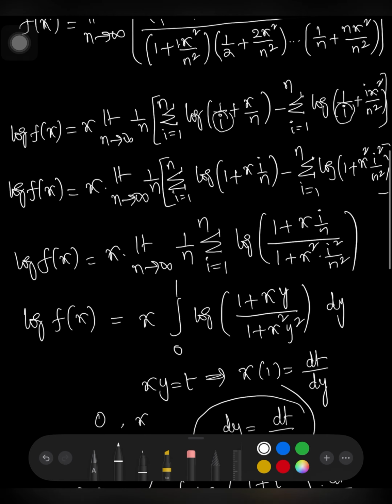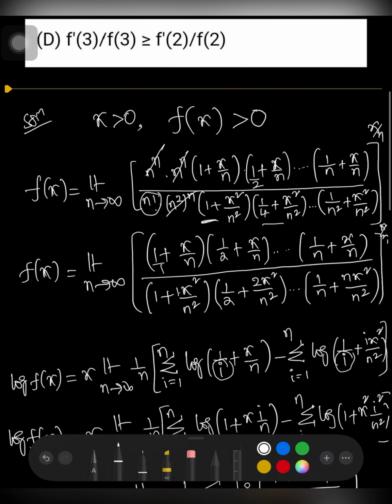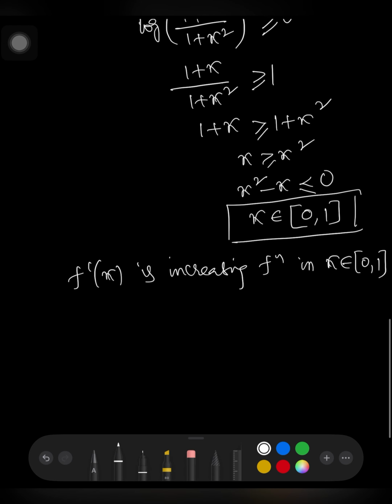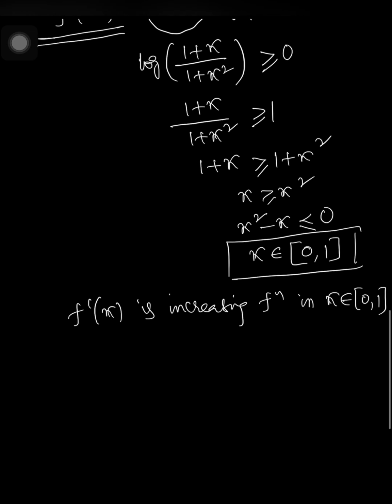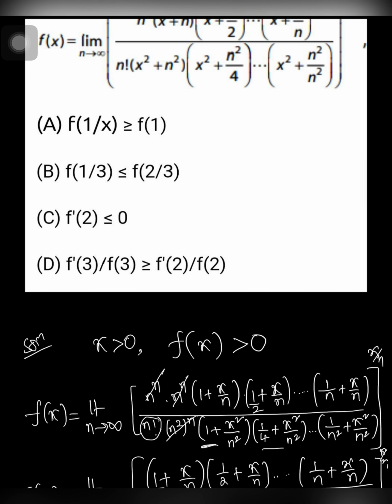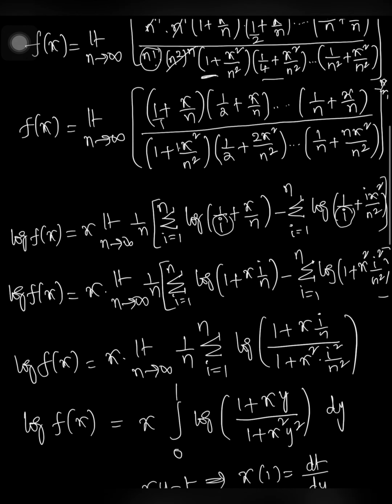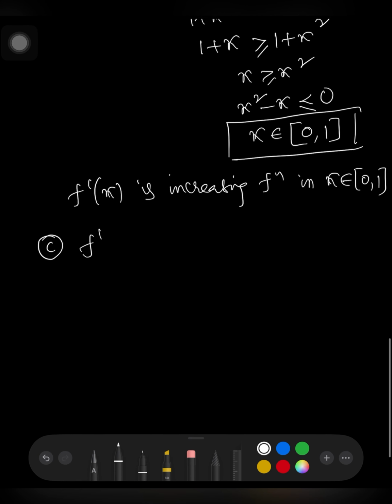So which means, coming to the question, f dash of 2 is less than 0, because f of x is increasing in the interval 0 to 1 only. So coming to option C, f dash of 2 less than or equal to 0, a correct answer.